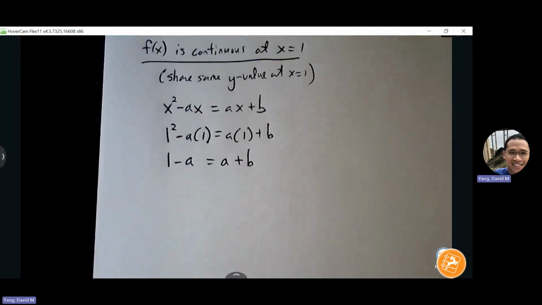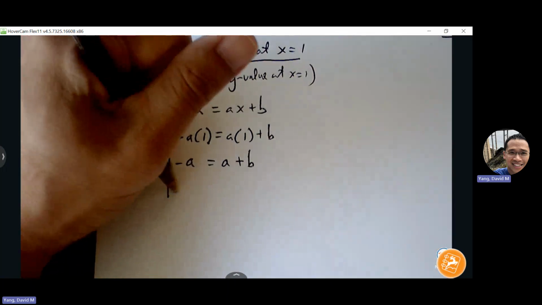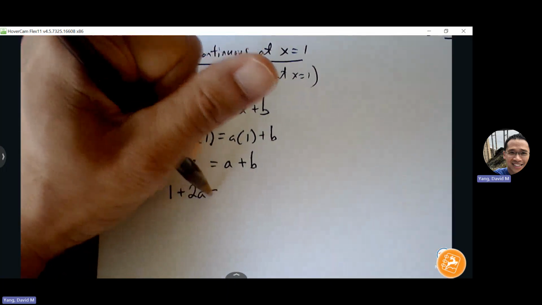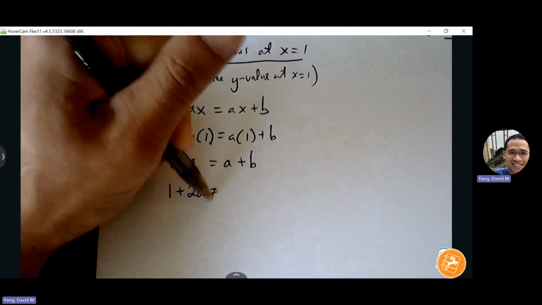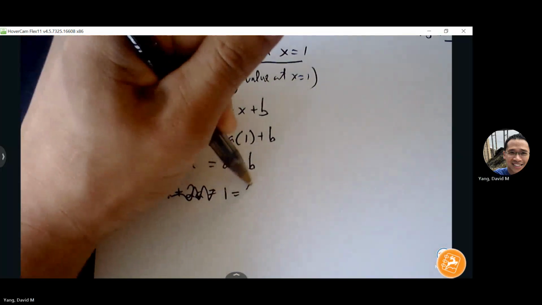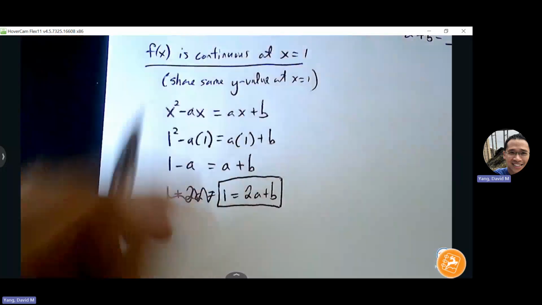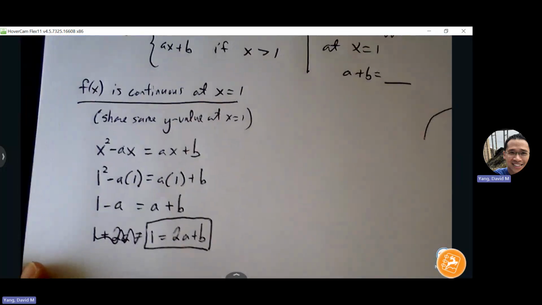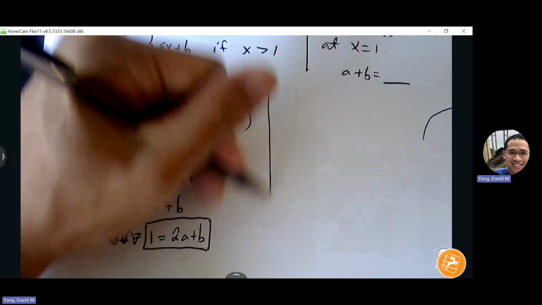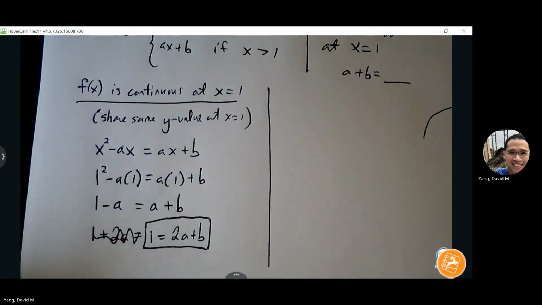If I combine like terms, I get 1 equals 2a plus b. We're still kind of stuck, right? There are still two unknown values, so we need help from another equation.